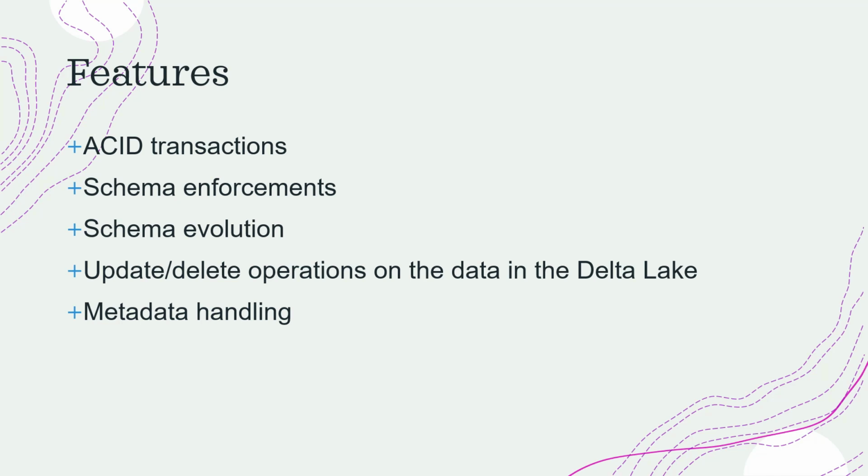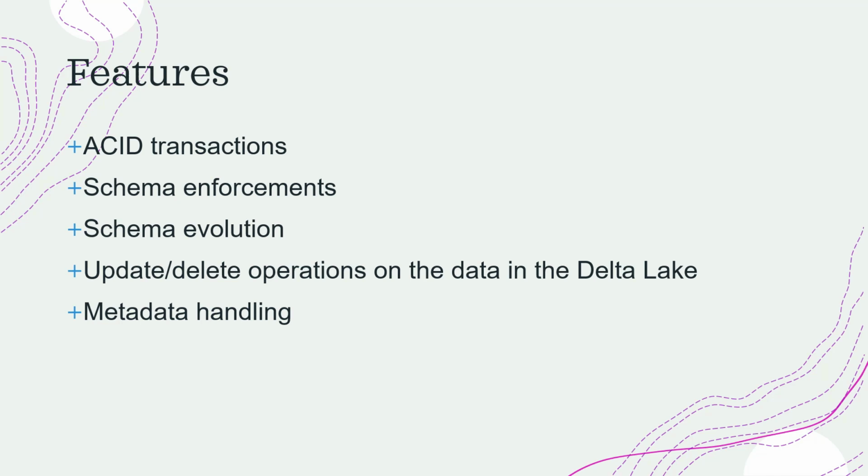Now, what are the different features that a Delta Lake provides? One of the features is what I spoke about, which is ACID transactions. Then schema enforcement, because now there was a provision to enforce schema on the data that we are putting in. Schema evolution, which means if my schema changes over time, which is most of the time the case, when we bring in data, our schema may be of a certain type, but with changing requirements the schema also evolves.